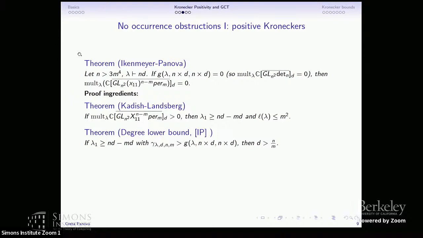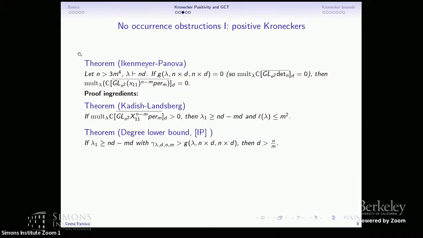If we look at these padded homogeneous polynomials, and it doesn't matter that here it's the permanent of size m, it could be any other homogeneous polynomial of degree m and m squared variables, then the only multiplicities that could show up are such that lambda 1, the first part, has many rows.